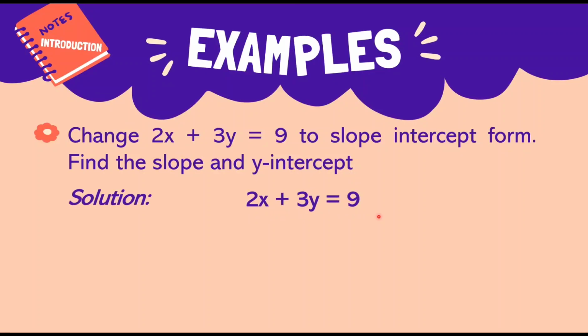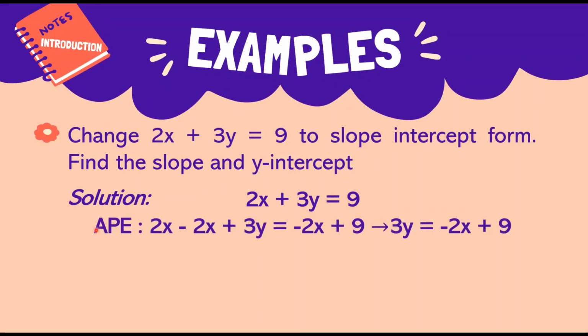In that case, the first process is to apply the properties of equality. Pakikita ko sa inyo dito kung paano natin i-apply yung properties of equality. We need to apply first the addition property of equality. So we have APE and the process is subtraction.